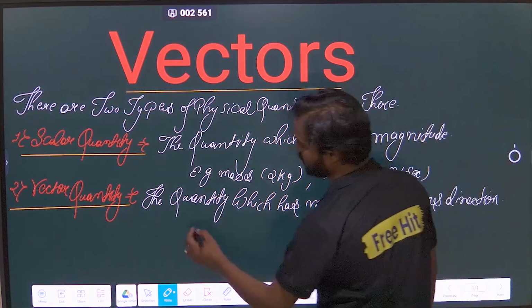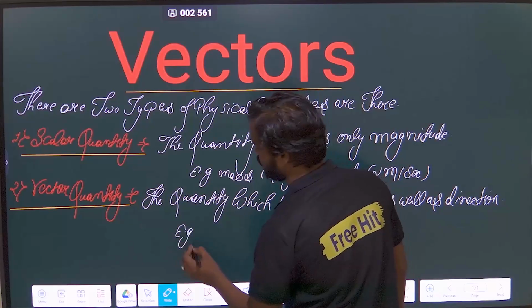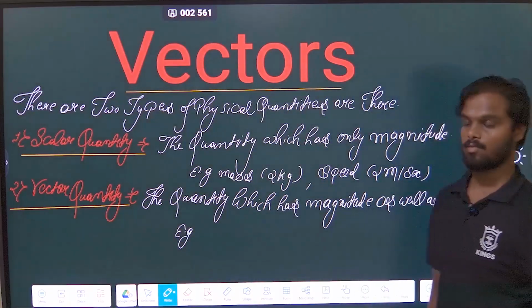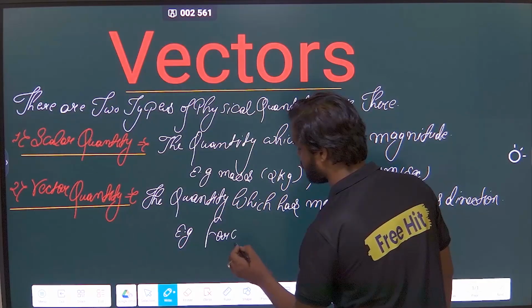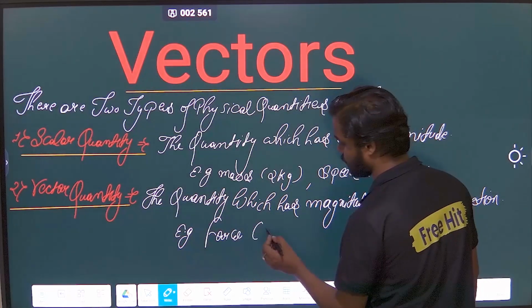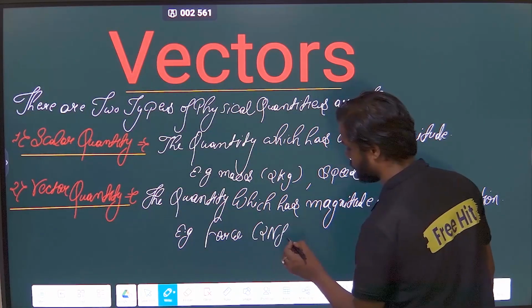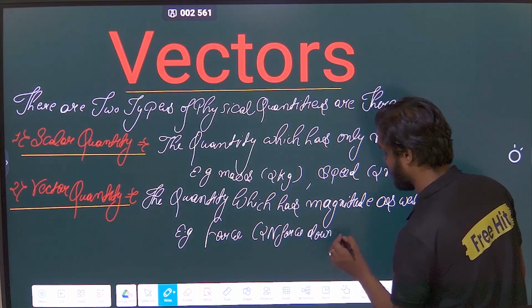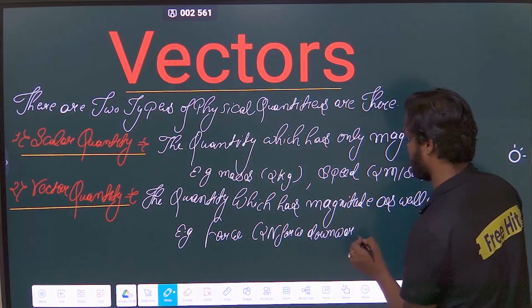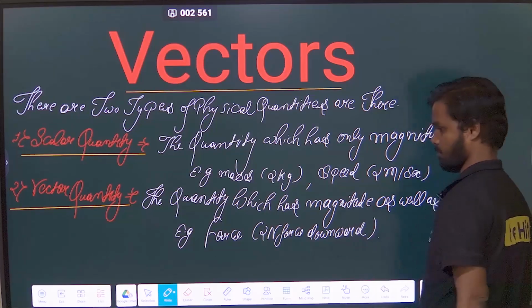For example, can you tell me an example? Yes, one famous example is force. Force is a vector quantity. We always mention 2 Newton of force downward or upward. We used to mention those things, no? So we used to mention the direction also.